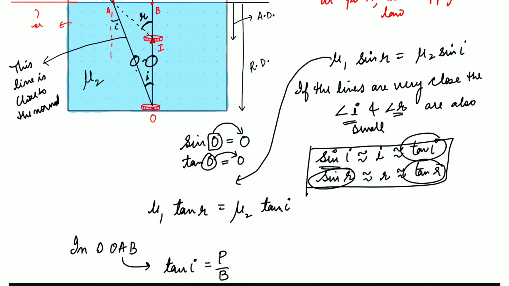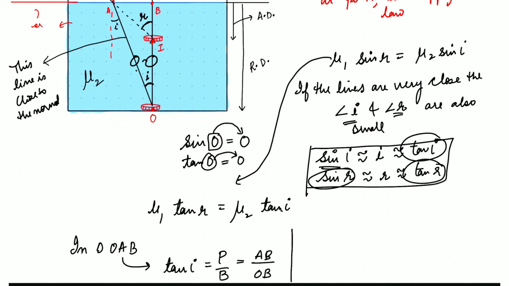Now you tell me, where is your perpendicular and where is your base? Here is the angle, so this will be your perpendicular AB. And what is your base here? This is the perpendicular, so this must be the base, that is OB. I hope you guys can understand that.